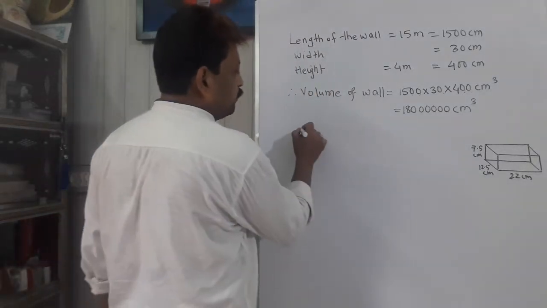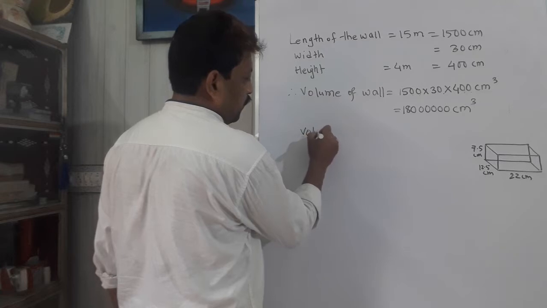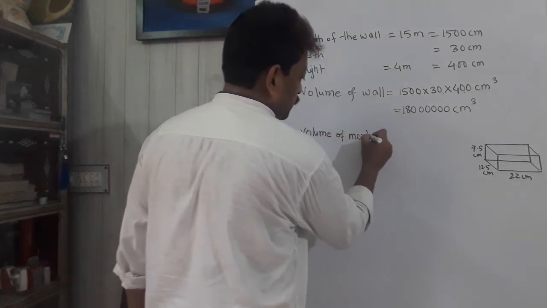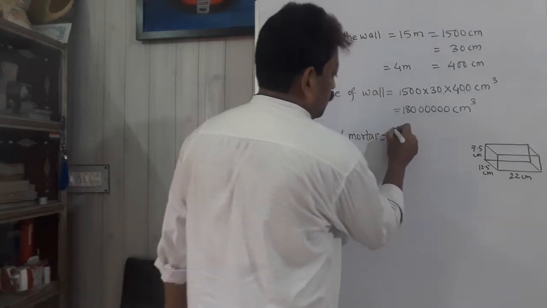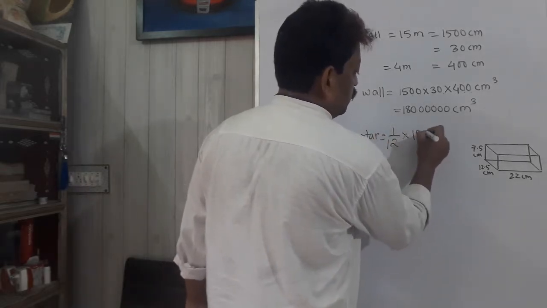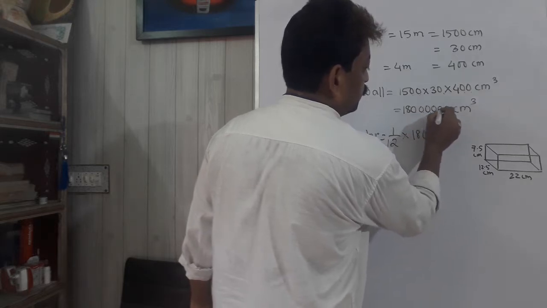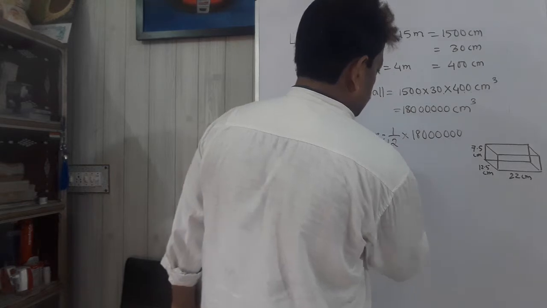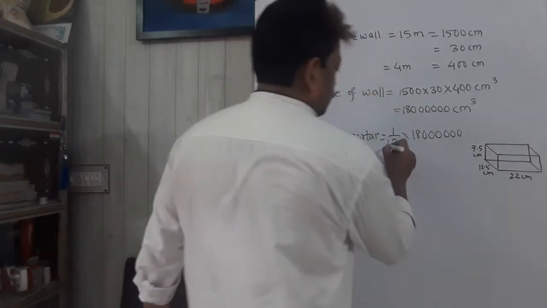Now we have to find the volume of mortar. Volume of mortar equals 1 by 12 into this value, total 6 zeros. So we have to go for simplification.